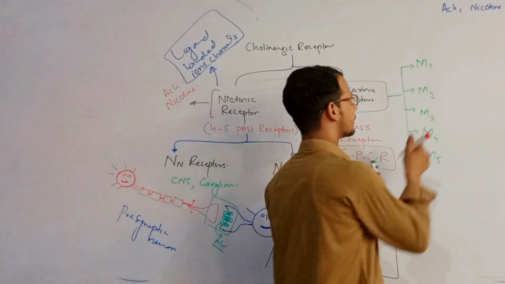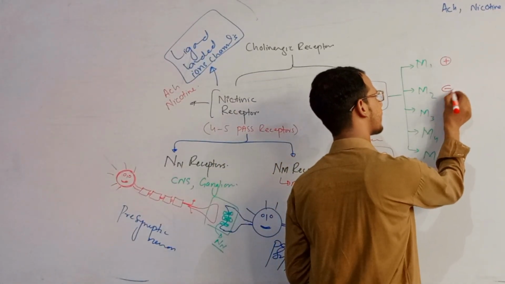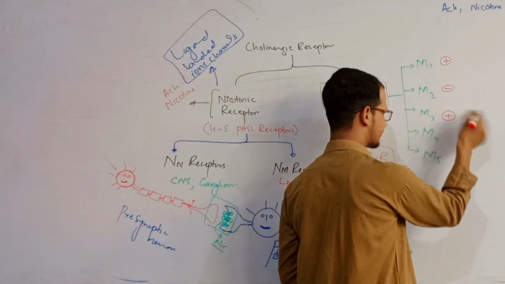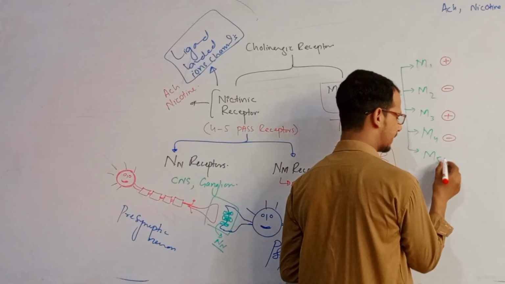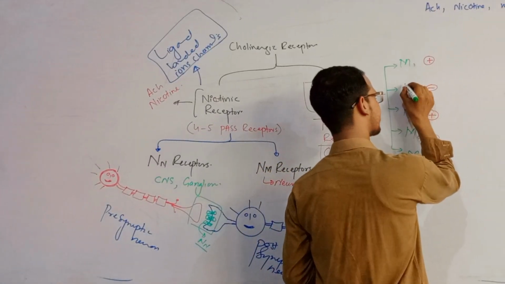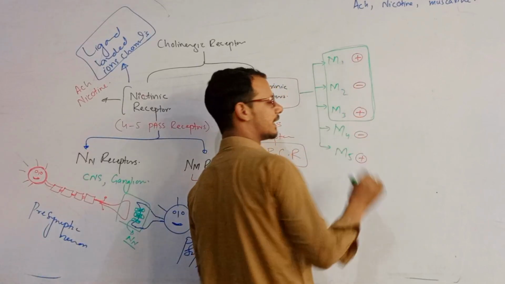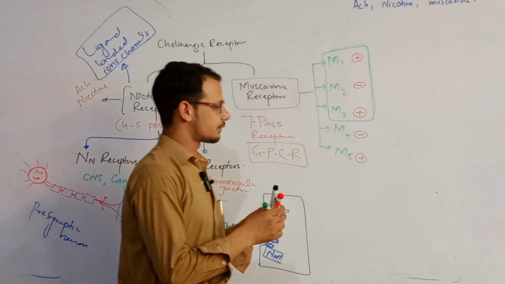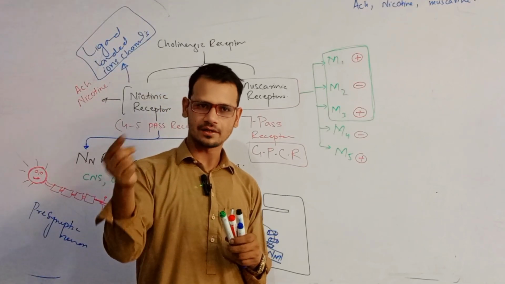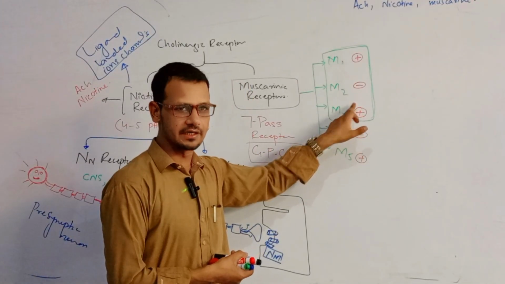M1 receptor is stimulatory, M2 is inhibitory, M3 is stimulatory, M4 is inhibitory and M5 is stimulatory, right? The 7 pass receptors are most common, and 40 to 50% of drugs act on them. The very common ones are M1, M2 and M3 receptors.